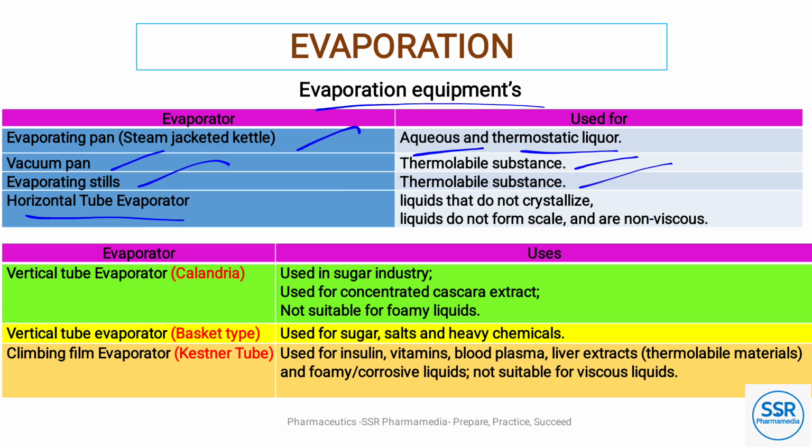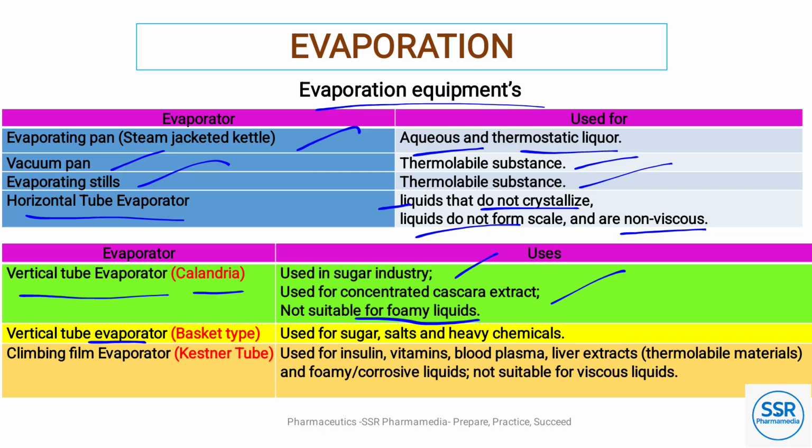Horizontal tube evaporator is used for liquids that do not crystallize, do not form scales and are non-viscous. Next is the vertical tube evaporator, also called calandria. It is used in the sugar industry and for concentrated cascara extract, and is not suitable for foamy liquids.